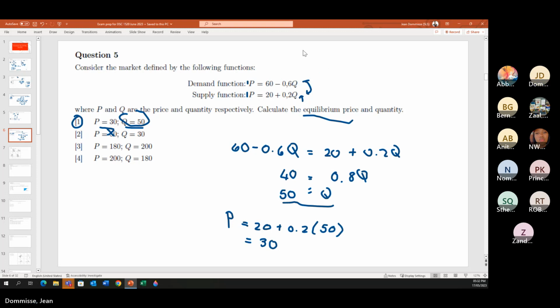If it was maybe set up like this, I would just have changed it so that I work with the Q's and then work out the question.